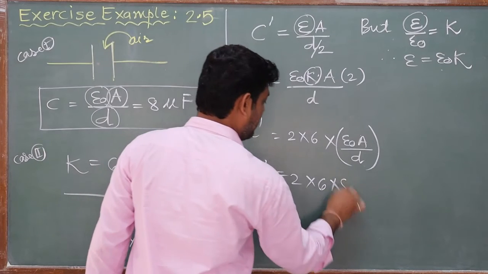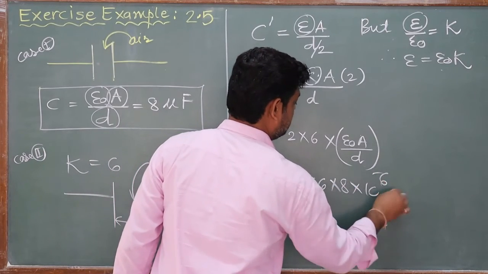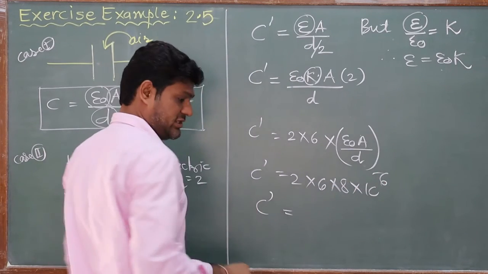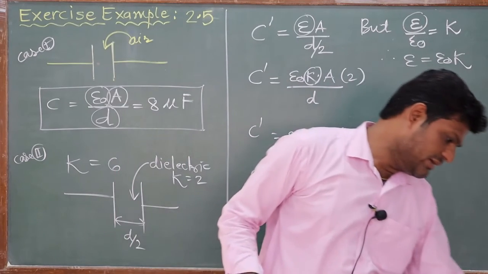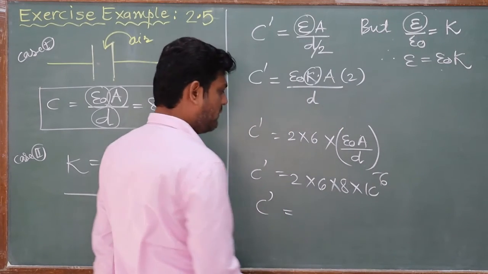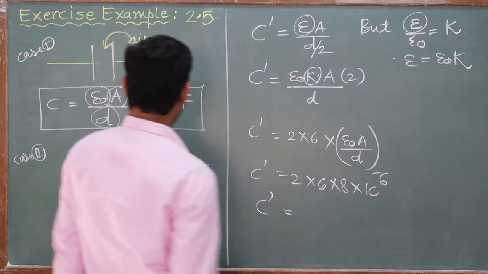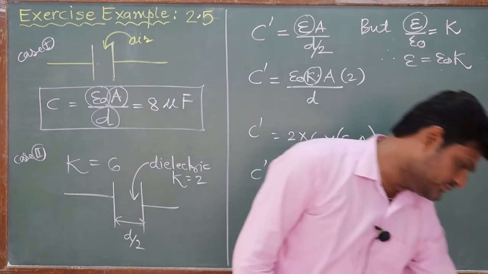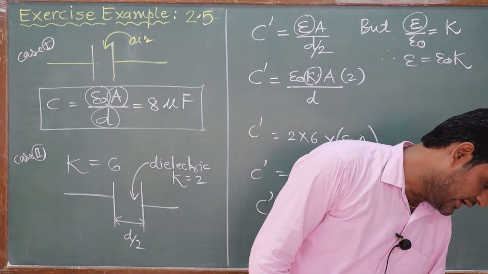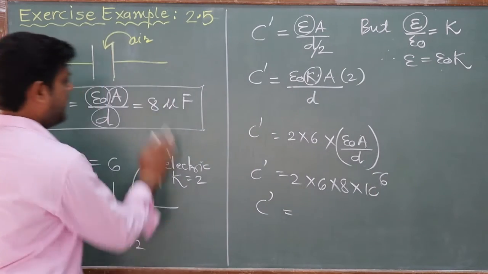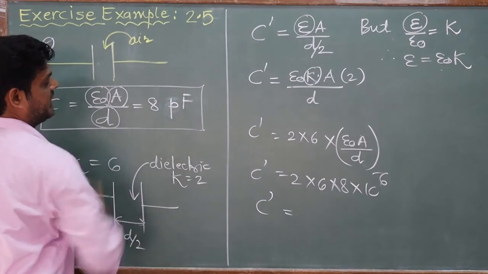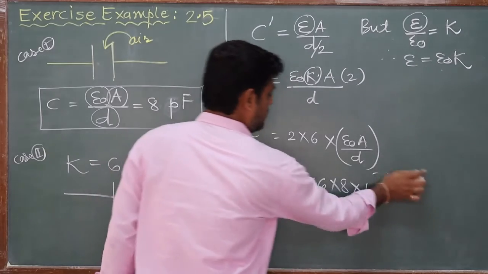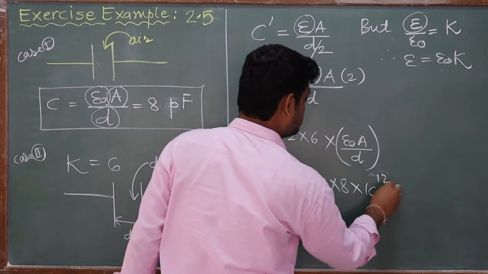So we will write here 8 10 to the power minus 6. So the new capacitance will be near about 96 picofarad, right? Let me check first of all, 8 picofarad is given, right? So here we write minus 12.